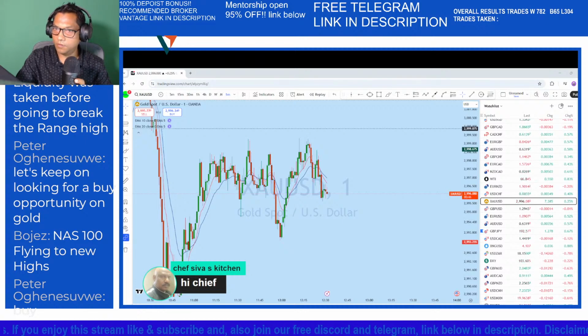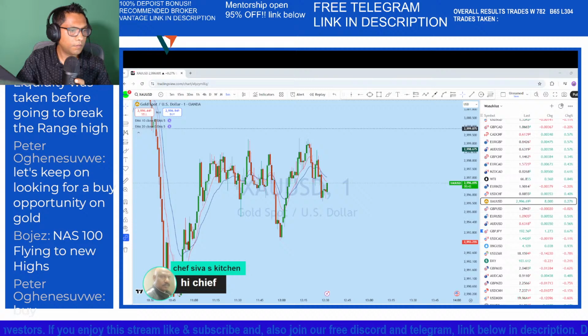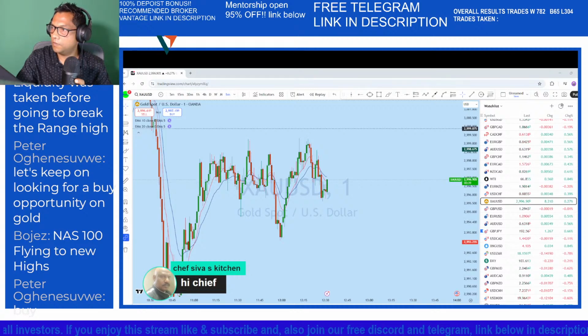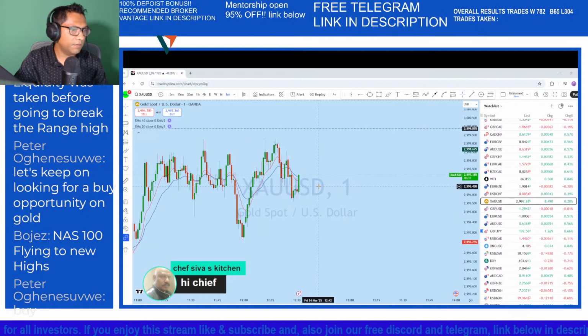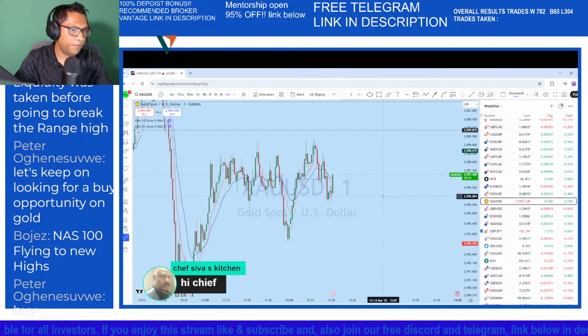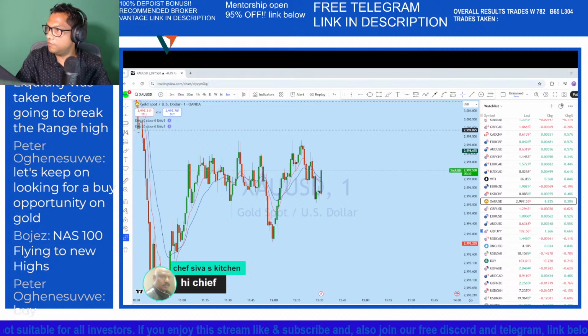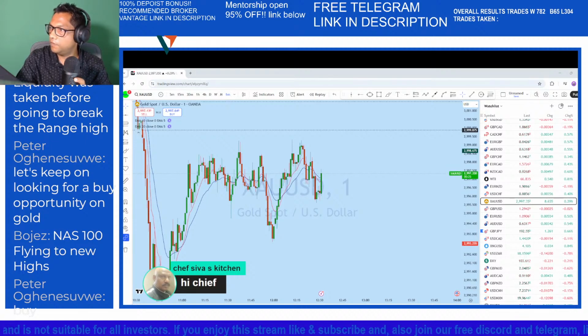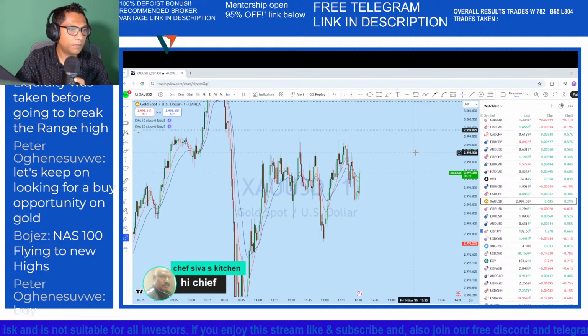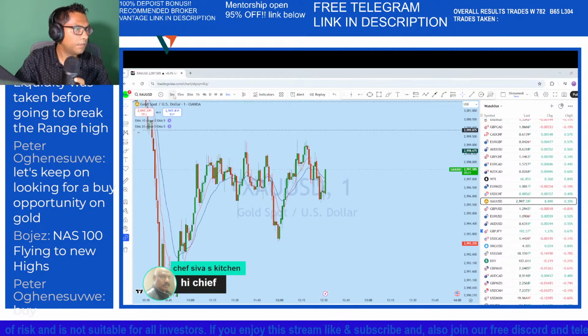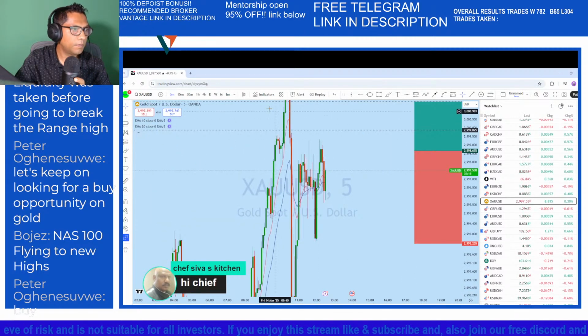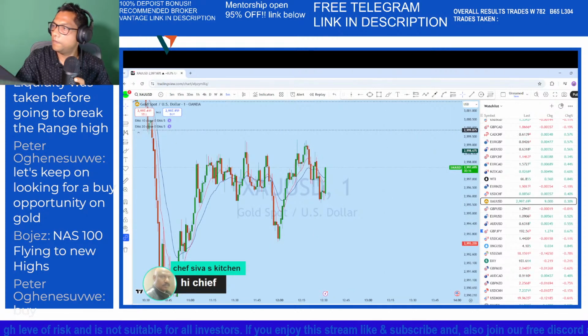So you can see the market is really completely in a move where, so you see that bounce from that level.